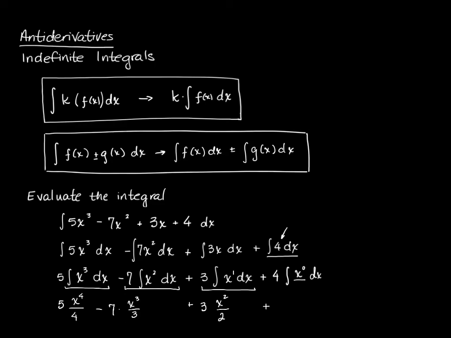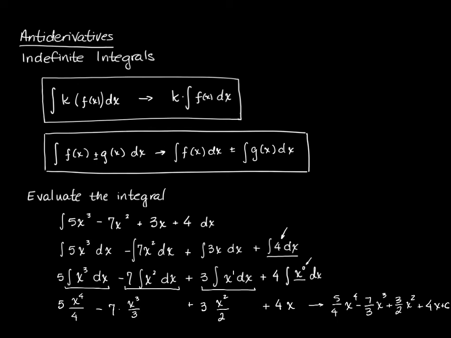In my last term, I have 4 times an integral, and the integral is x to the 0. The integral of x to the 0 is x to the 1 divided by 1, or x. If I tidy this up, I get for my answer 5/4 x to the 4th minus 7/3 x cubed plus 3/2 x squared plus 4x plus c.